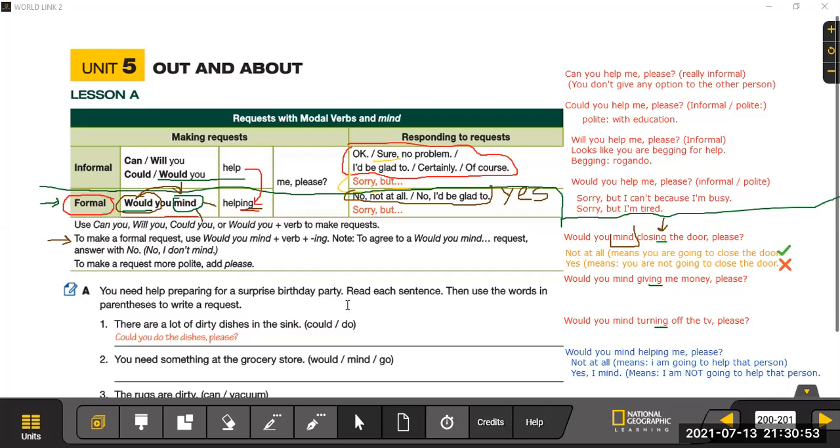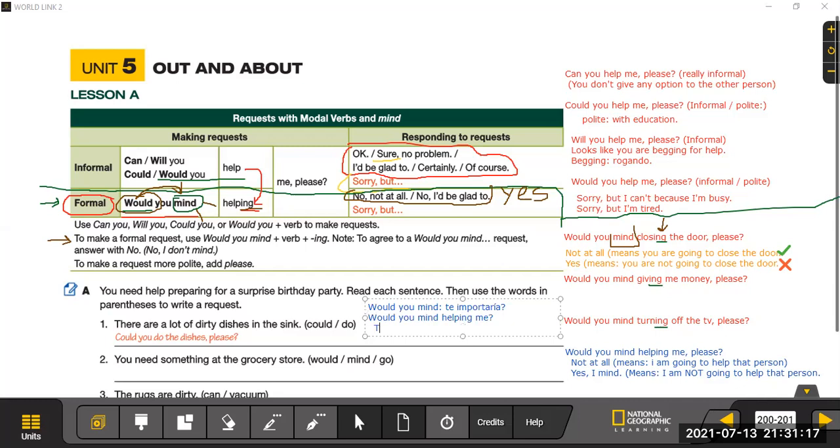When we say would you mind, would you mind means te importaría. Okay. Would you mind helping me?